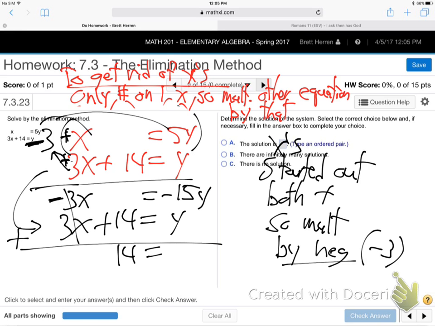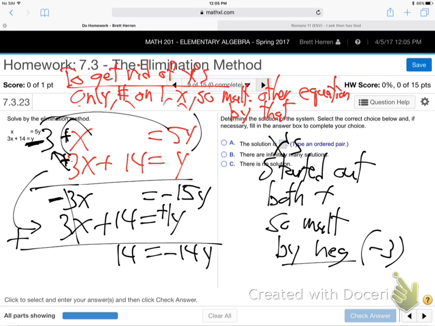We made that happen. What happens with the y's? What's negative 15y and regular y? 14y. That's really a plus 1y, isn't it? So 1 minus 15 is minus 14y. We good? Right? 1 take away 15.